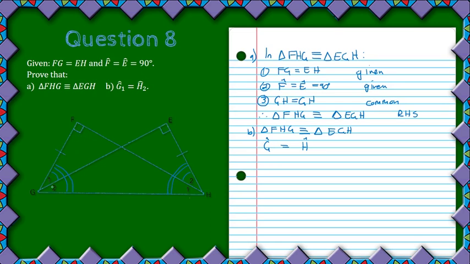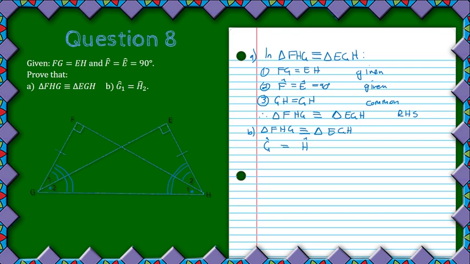The third one is this small angle, this one and this one. So they are also equal because of the two triangles being congruent.